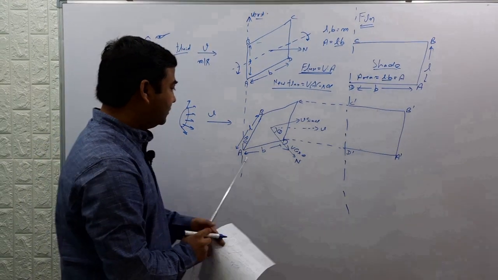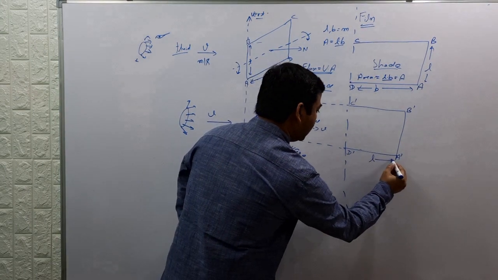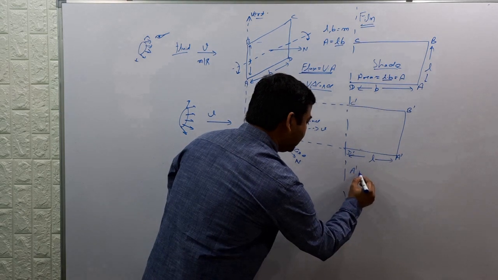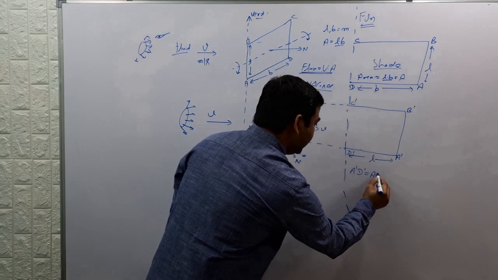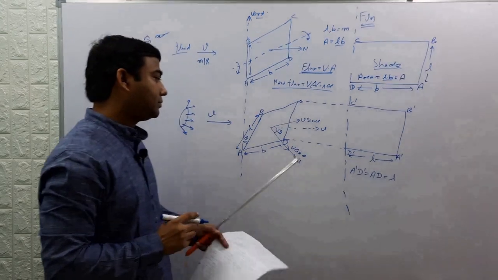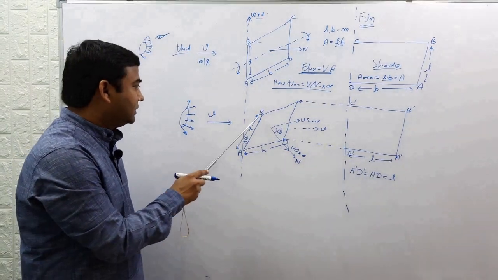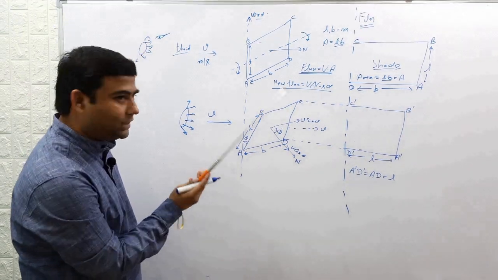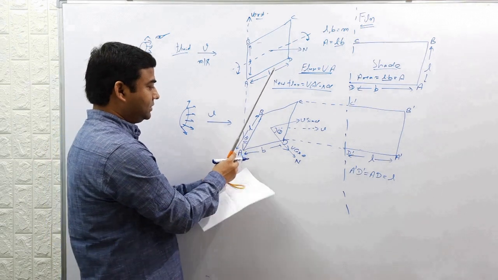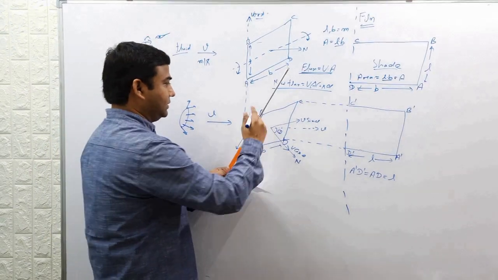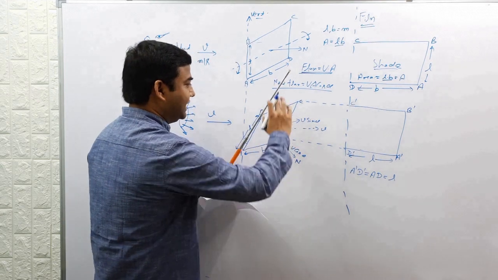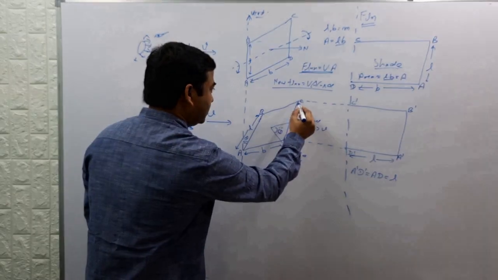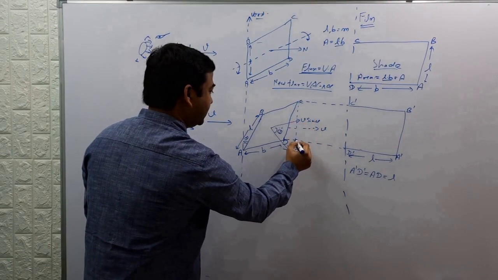So the length AD will be the same, L. So you can say A dash D dash is equal to AD is equal to L. Now the length AB is tilted, so the length of the shade will be less than the actual length. So what will be the length?